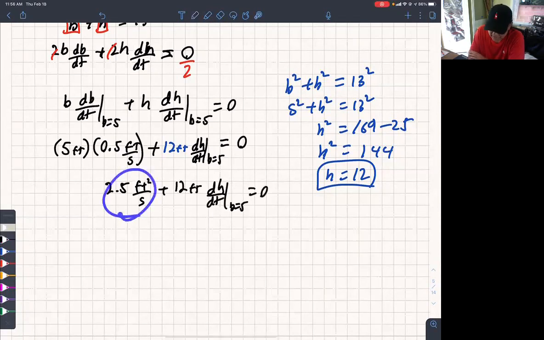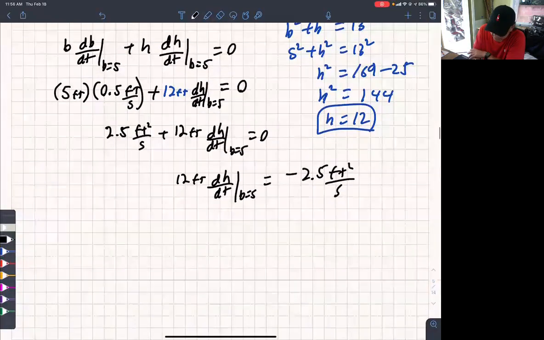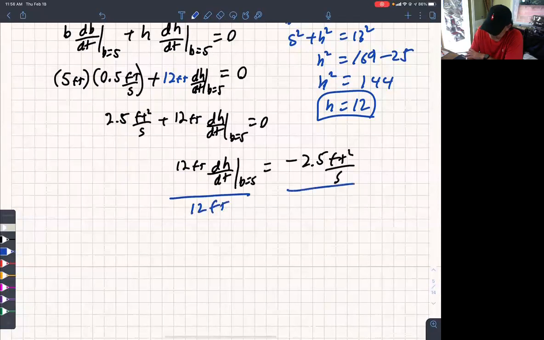I'm going to subtract this from both sides. So I'm going to get 12 feet dh/dt when b is 5 equals negative 2.5 square feet per second. Now I'm going to divide both sides by 12 feet. Cancel, cancel.